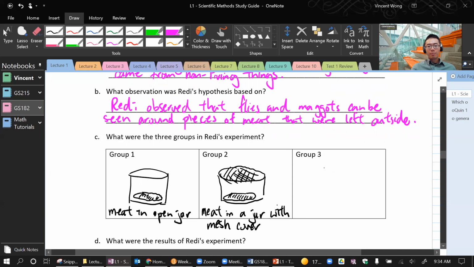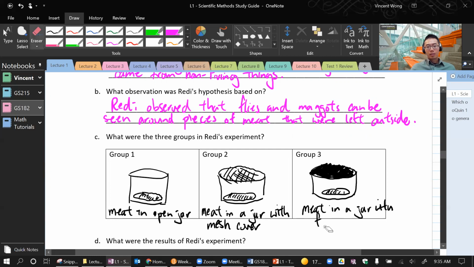And then group number 3, we have a jar with meat, but this time it is completely covered. No openings. So meat in a sealed jar.